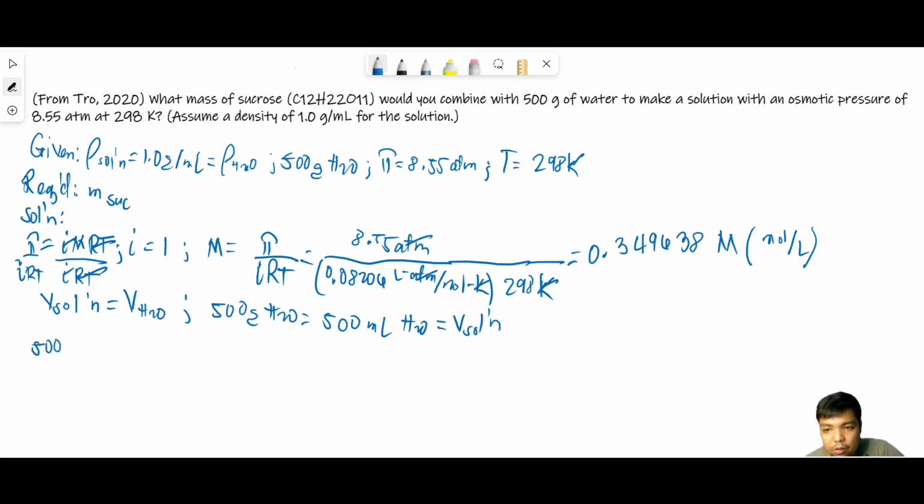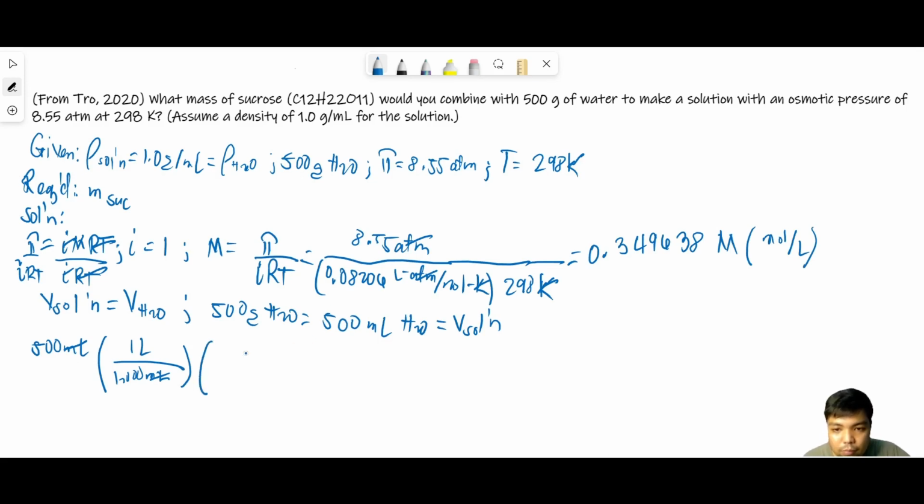We convert this to liters using the conversion factor of 1 liter is equal to 1000 milliliters. So that will cancel out. Then we will use molarity as a conversion factor in order to get the number of moles present in the 500 ml of your solution.